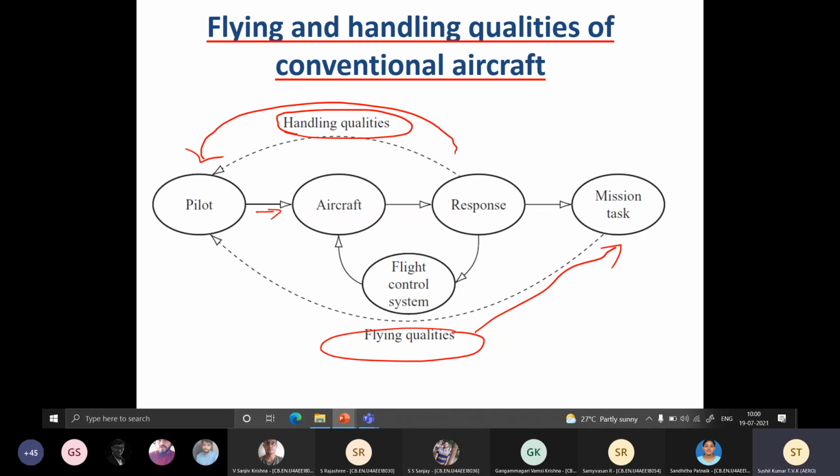Imagine yourself as the pilot, and you have given some input to the aircraft, and the aircraft has responded. Now you want to make a judgment how well the response was. So how do you make it as a human being?